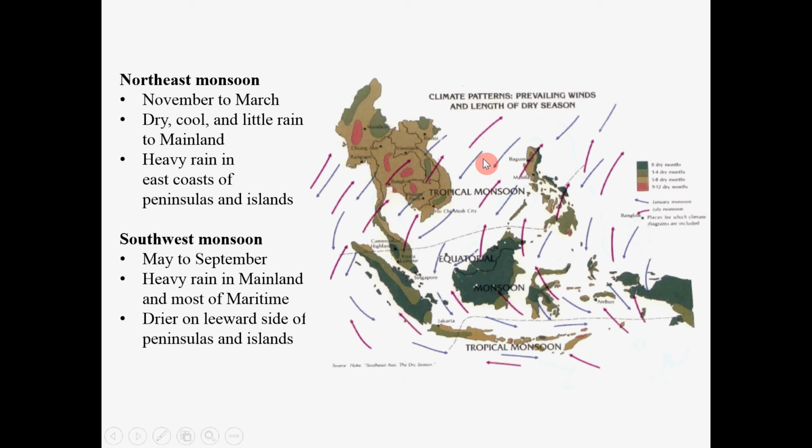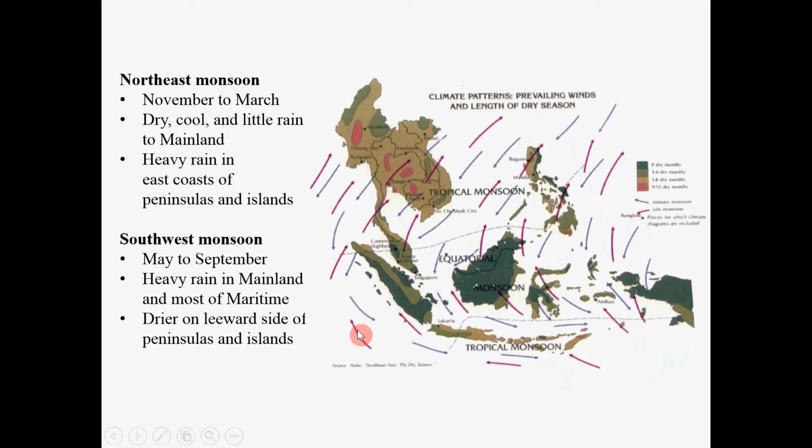Also, when it blows over the ocean surface, it is modified and takes up a lot of moisture and dumps that moisture on the coastal area of Vietnam and the Philippines, causing heavy precipitation and giving rise to the tropical rainforest climate there. But it did not cause a whole lot of precipitation in mainland Southeast Asia. So that is a relatively dry season for mainland Southeast Asia.